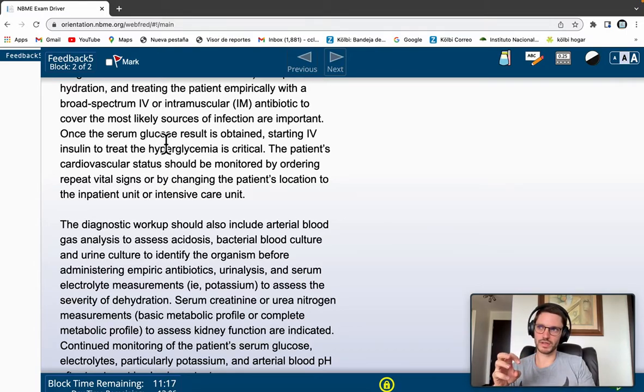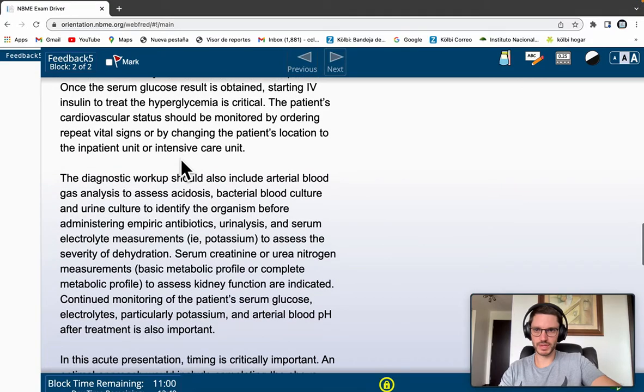So this wasn't only a localized urinary tract infection, there were systemic symptoms. So maybe we could have broadened it a little, maybe. Once the serum glucose is obtained, starting IV insulin is critical. So I definitely lost points in that.